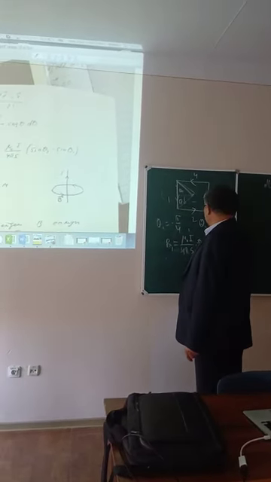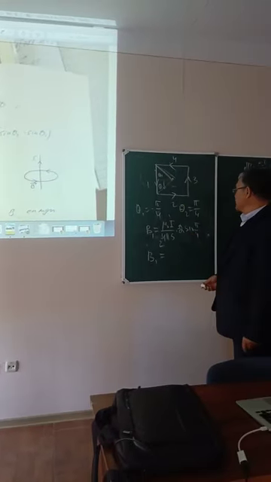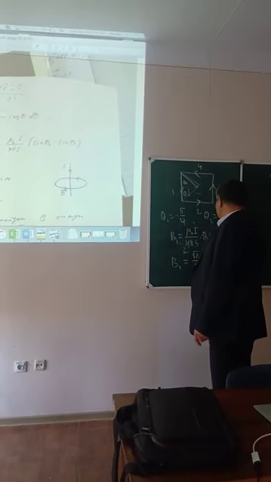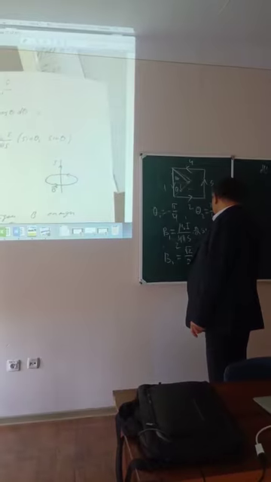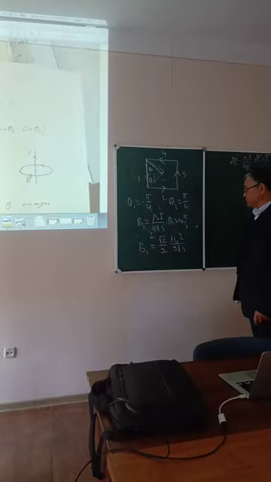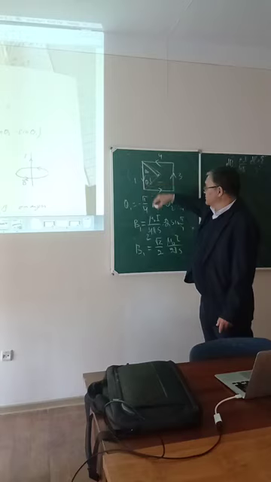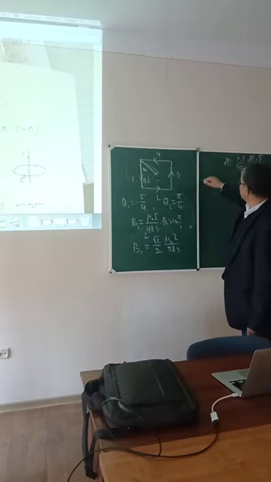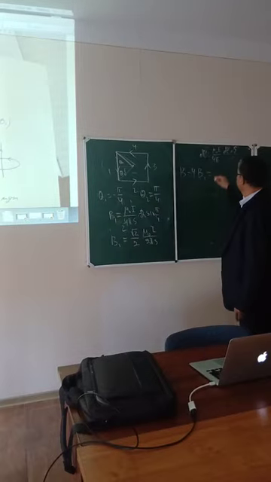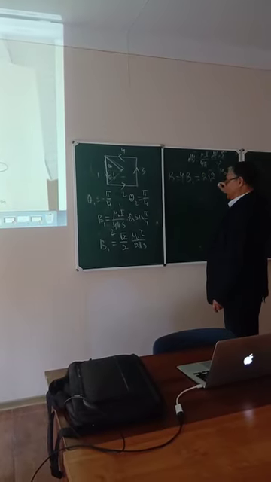Sine of pi over 4 equals square root of 2 divided by 2, so it becomes square root of 2 divided by 2 times mu naught I divided by 2 pi s. This expression is only for one side. Now if we find all the contributions, we need to multiply by 4, so this becomes 4 times square root of 2 over 2 times mu naught I divided by 2 pi s.